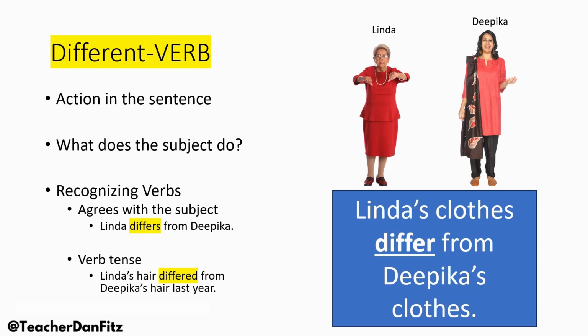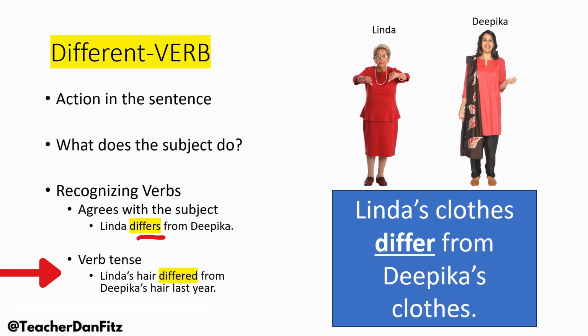Some tricks to recognize if a word is a verb. One thing you can look at is, does it agree with the subject? In other words, does it have an S at the end of the word if it's third person singular, or the subject is he, she, or it? For example, if my subject is Linda differs from Deepika, that S there on differs with Linda would show me it's a verb because it has an S based on the subject.